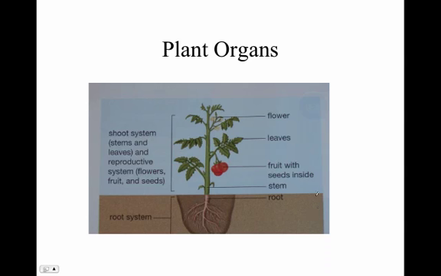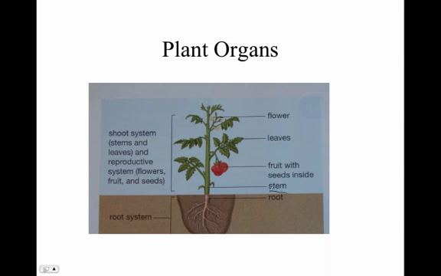Plants have a fairly simplified organ system, unlike humans, where humans have several different organ systems and they work sort of together. We have digestive organs, we have organs for our circulatory system like the heart, we have organs for breathing like our lungs. However, plants really only have 4 major organs.